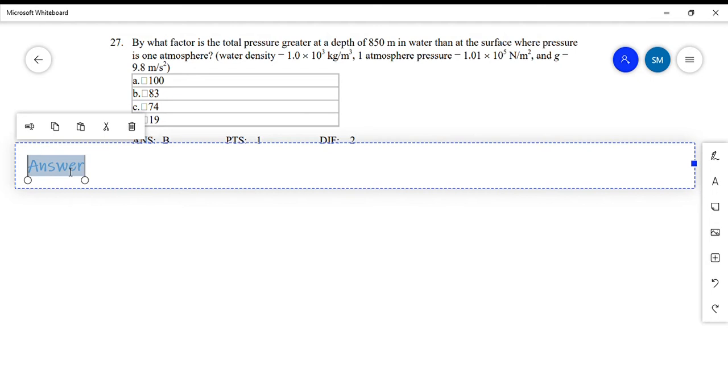Okay, let us calculate the total pressure in the water. It is equal to the atmospheric pressure plus the pressure due to the water.